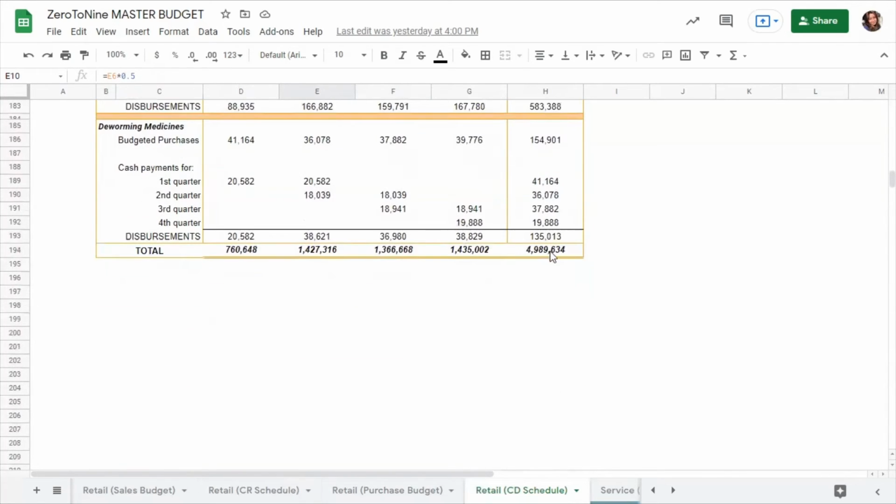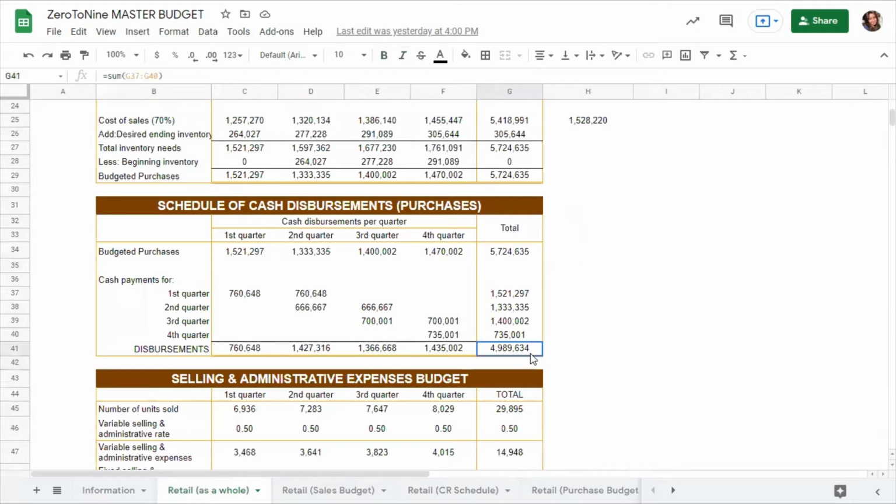Now to check, our total cash disbursement for all our products in our retail operation is 4,989,634, which is the same amount we computed earlier. This one.